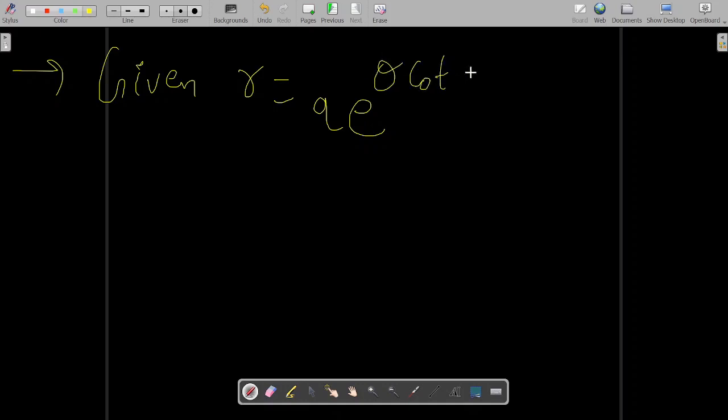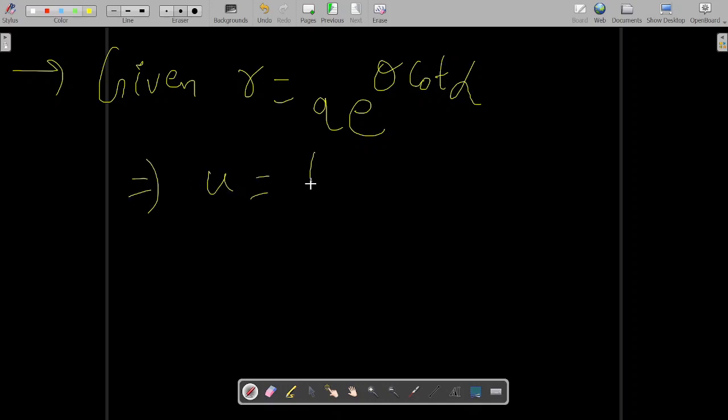Find the law of force. So what is given to us? The thing which is given is R is equal to A e to the power theta cot alpha. That implies what is your U?